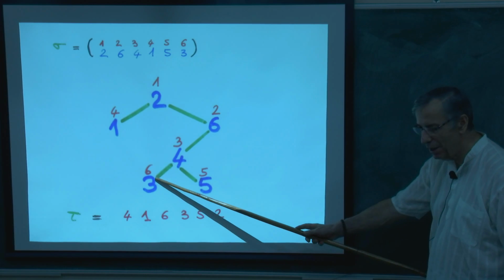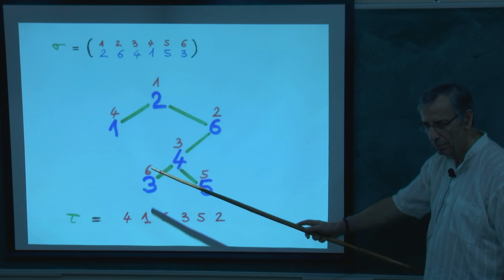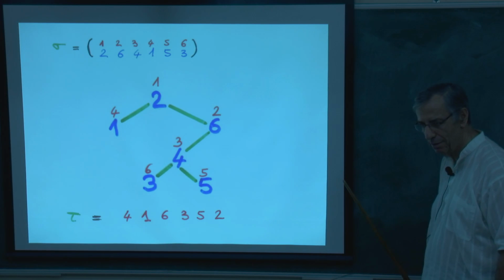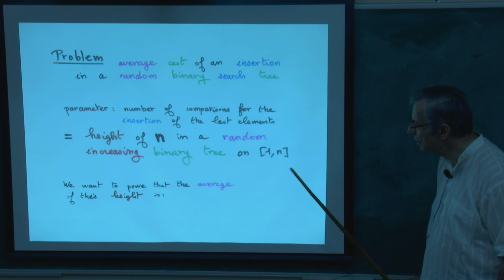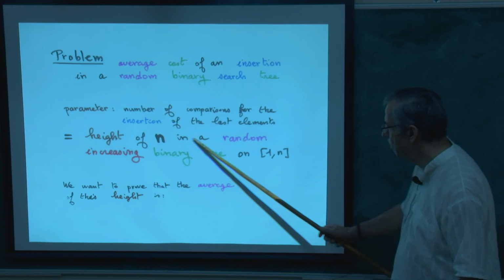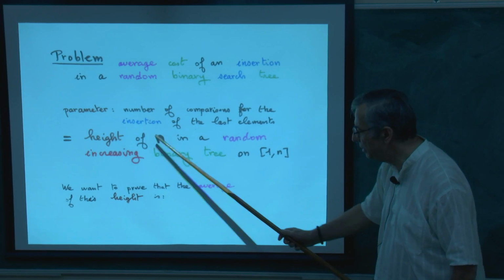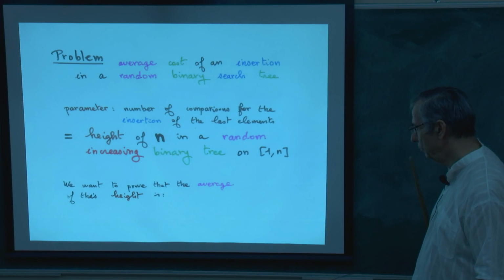So I want the average height of the last element inserted in the binary tree. This is a key parameter for the analysis of binary search trees. And I claim that this analysis, the average cost, is exactly the average height of n in a random increasing binary tree.